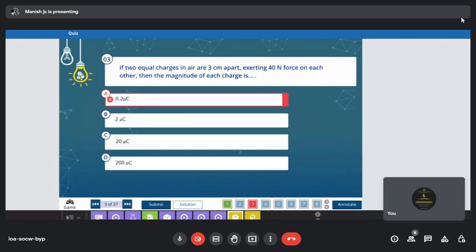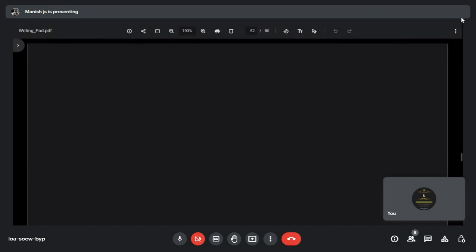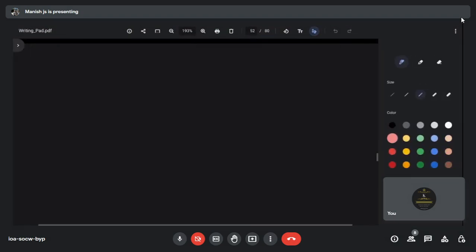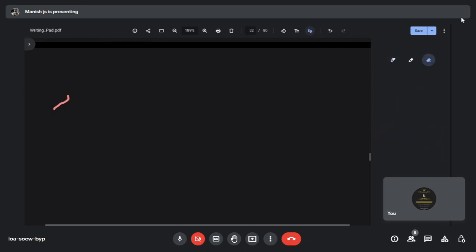It is getting loaded. Yes, is my blackboard visible now? Yes, sir. So what was given in the question? First step, you write down what is given in the question. What values were given in the question?